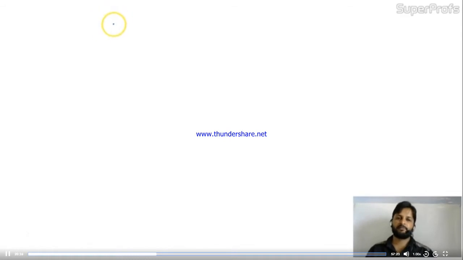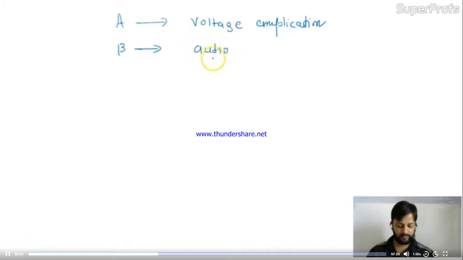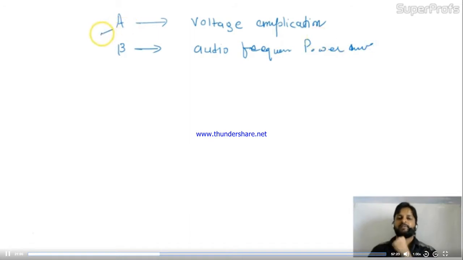Okay friends, so as I told you, class A amplifiers were used for voltage amplification. Class B was used for the audio frequency power amplifier. Class AB is the untuned power amplifier.